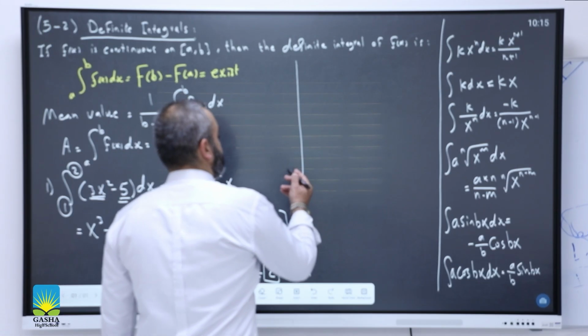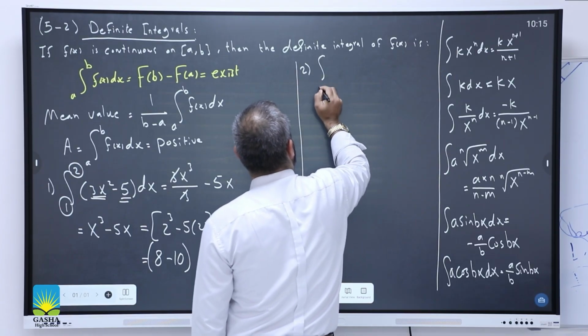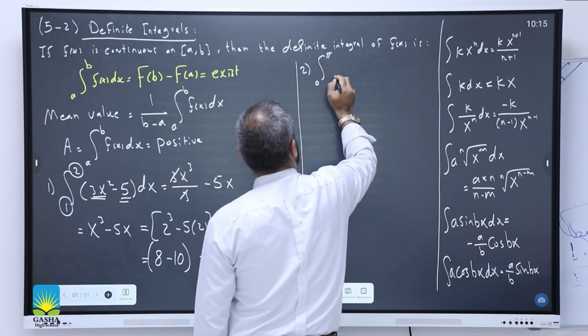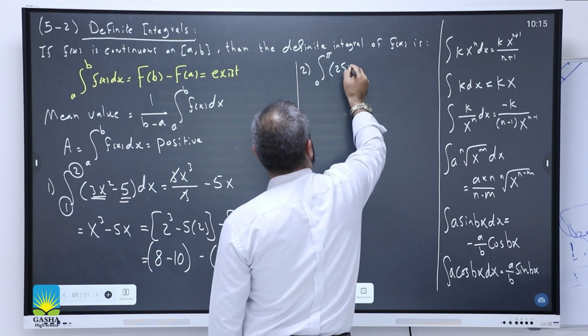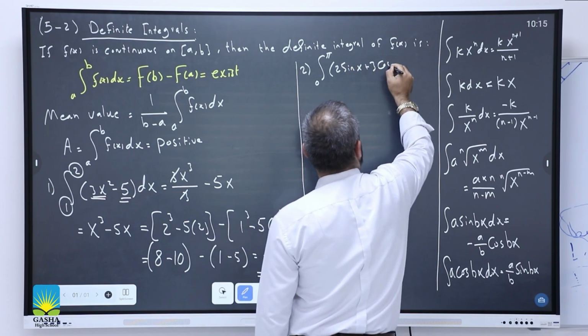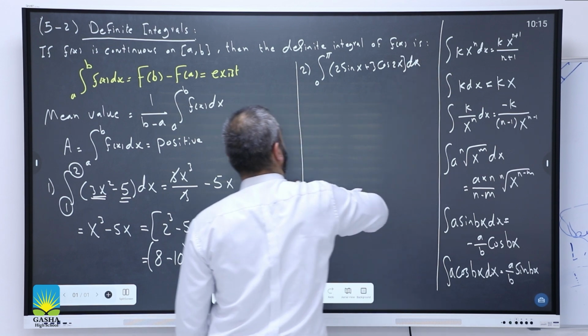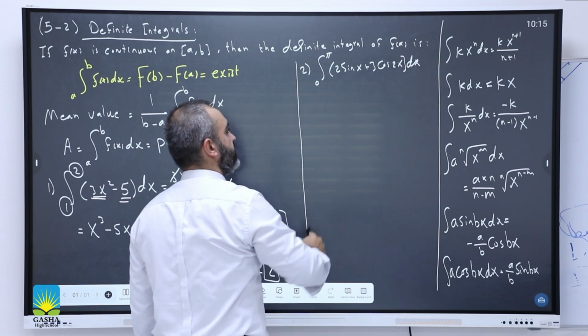What about the next example? Example 2: the integral from 0 to pi of 2 sine x plus 3 cosine 2x, dx. What about this example?